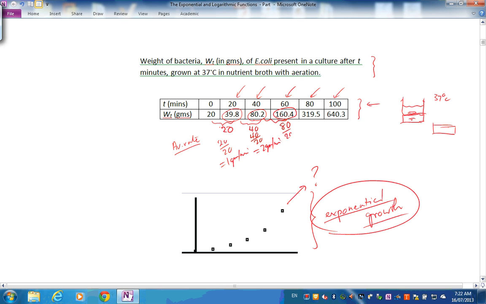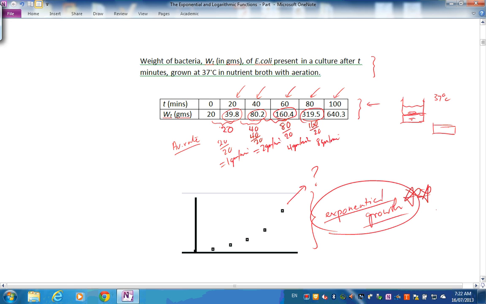In, again, 20 minutes, it's 4 grams per minute. Hey, can you see what's happening? 160 to about 320. It's 160. Hey, this is about 8 grams per minute. And so on. Oh, that's interesting. Isn't that what we said that exponential growth does give?